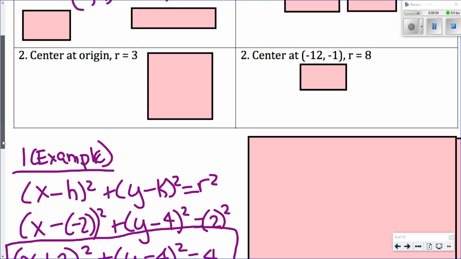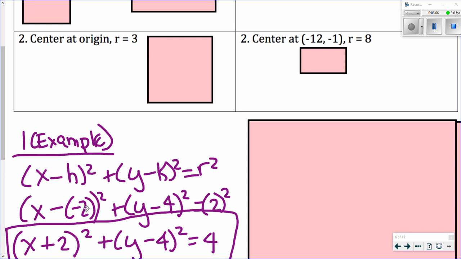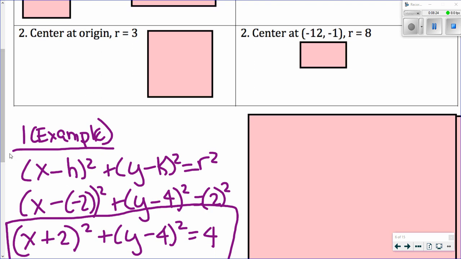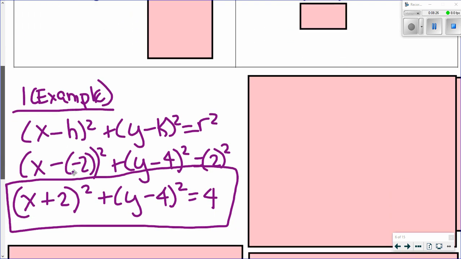We know our h is negative 2. So remember, like I said, if there's a negative number right after a minus sign, put that negative number in parentheses. That way you know that you're going to have to do distribution, or else you're going to get a totally different answer. And then the 4 was just positive, you just plug it in, and then the radius, which we found was 2, you plug in. Once we do that, we simplify.